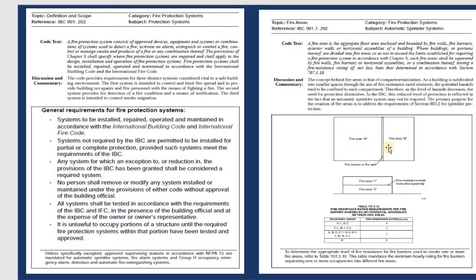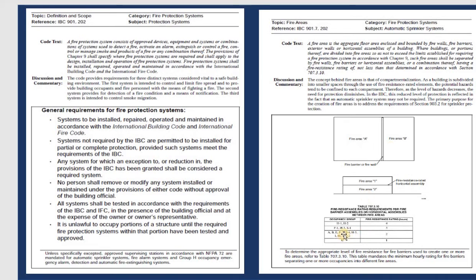If you have a garage, a car garage is group U, and after that we have the living area, the existing house, which is group B. That's why we need the wall between the garage and the other rooms in the house. That wall goes from the finished floor up to the roof sheeting.